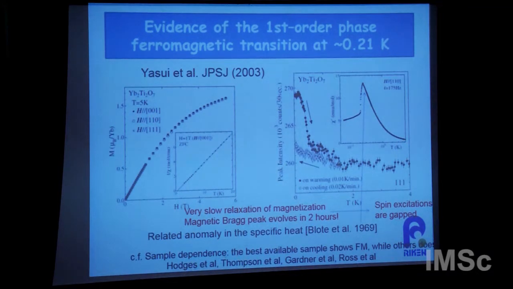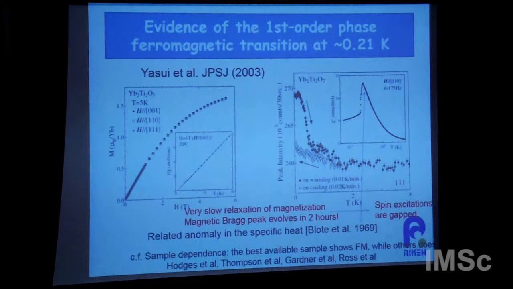And then this is the neutron scattering diffraction measurement. Diffraction means they are just looking at the low energy part, elastic scattering, and they change the angle, which controls the Q vectors, on a single crystal.